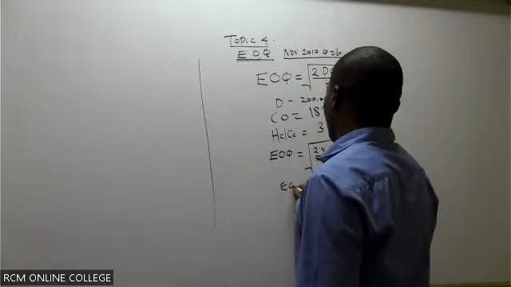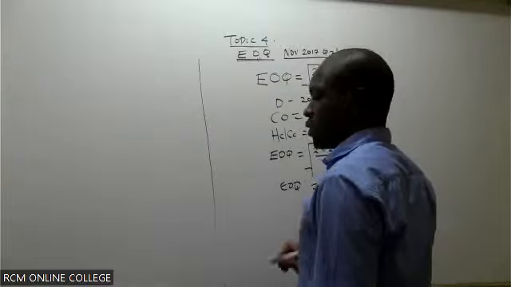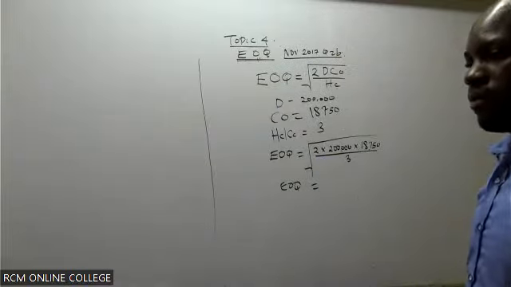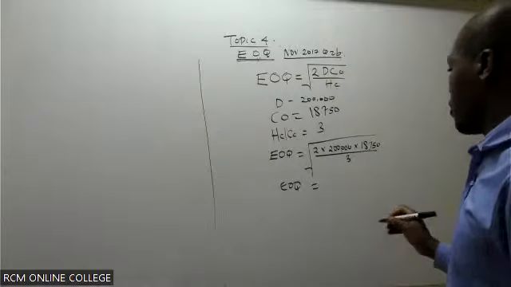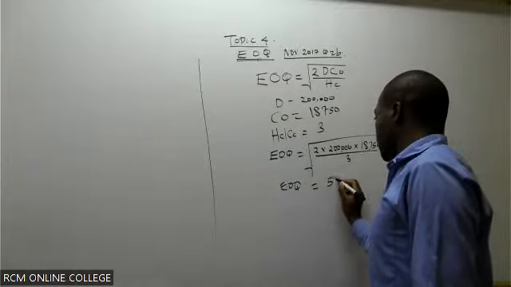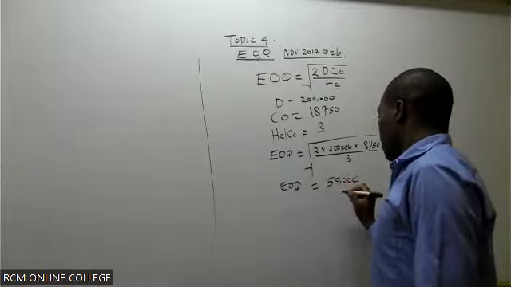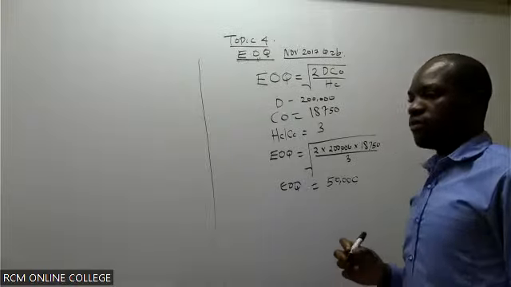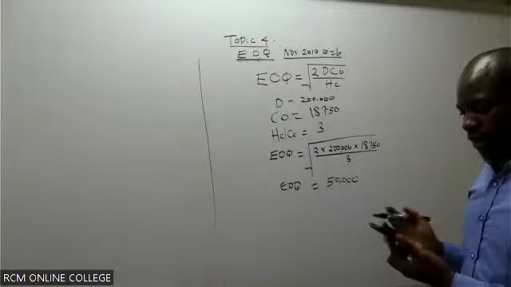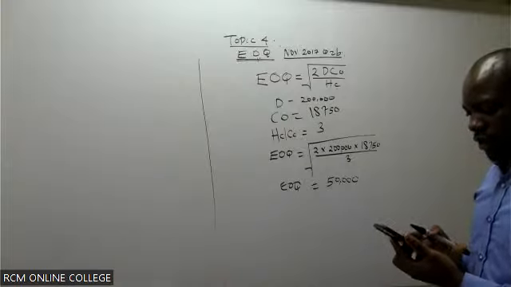So what is our economic order quantity? Our economic order quantity is equivalent to 50,000. Good. Just as simple as such, and you have your 2 marks.